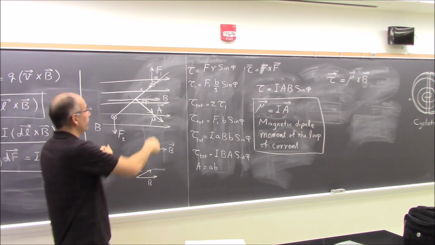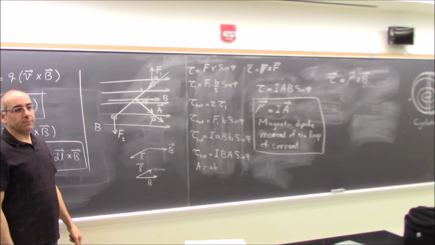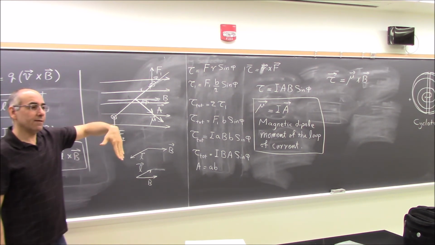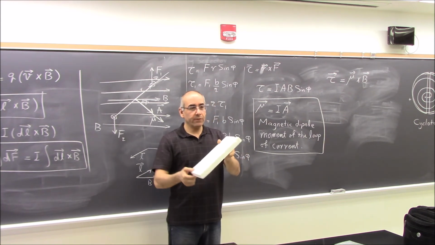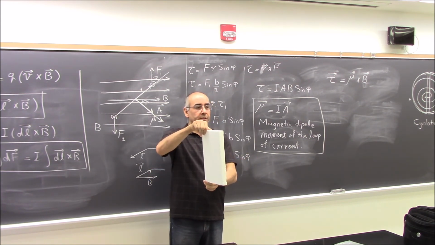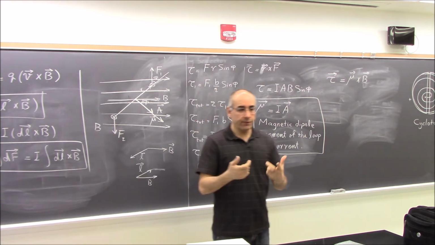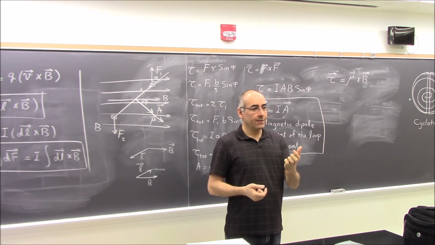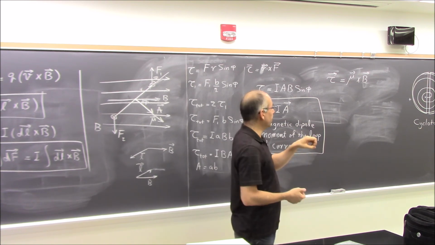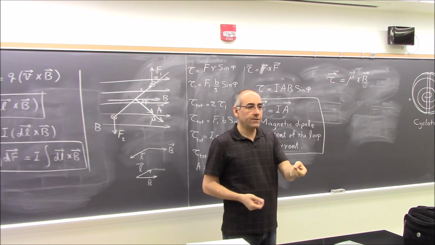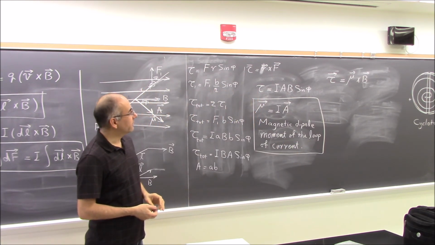And of course, again, it becomes zero if they're in the opposite direction. So you see that if you have a loop of current in the magnetic field, it tries to align itself with the magnetic field. So that's why, for example, if you have a compass needle, it has like a loop of current. It has magnetic moment mu. It tries to align itself with the magnetic field, and that shows the magnetic field direction.